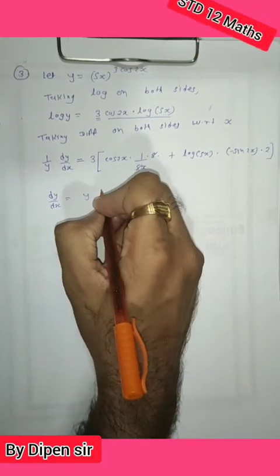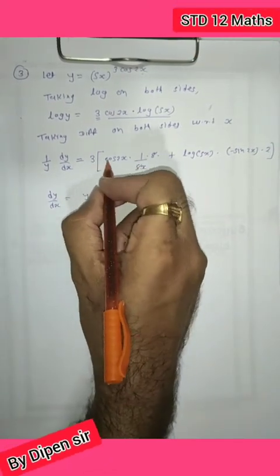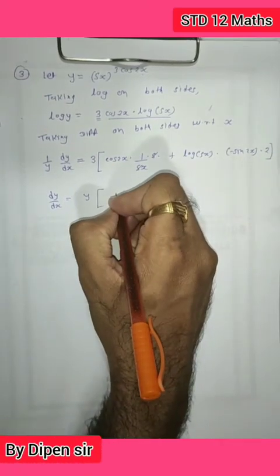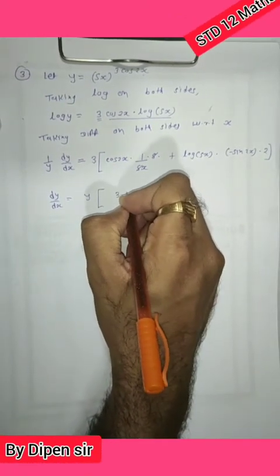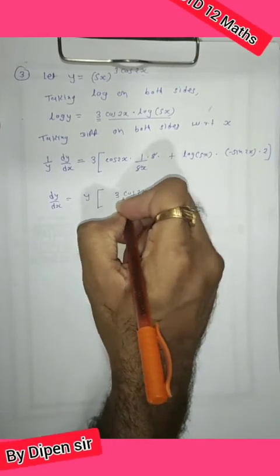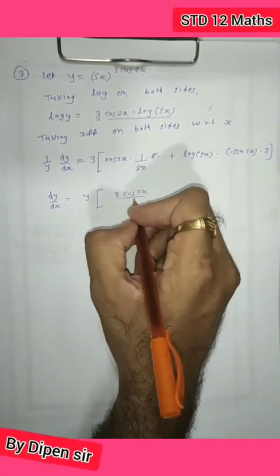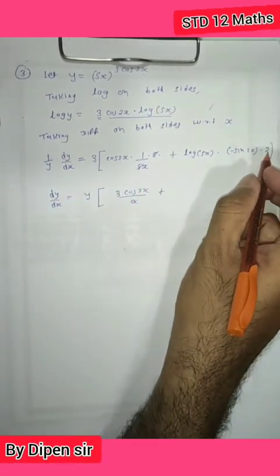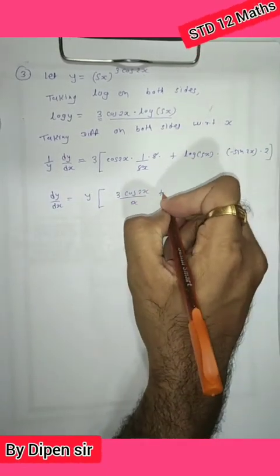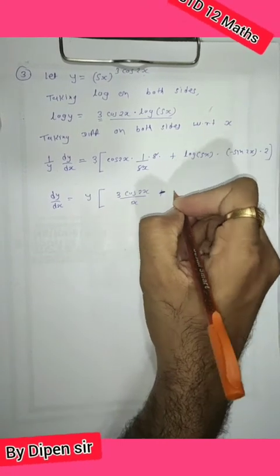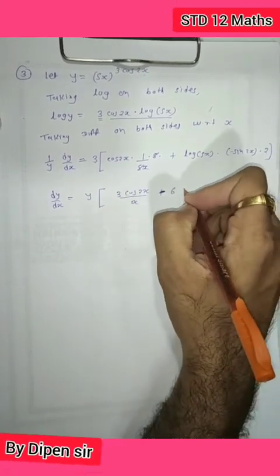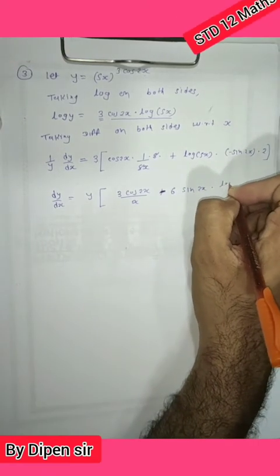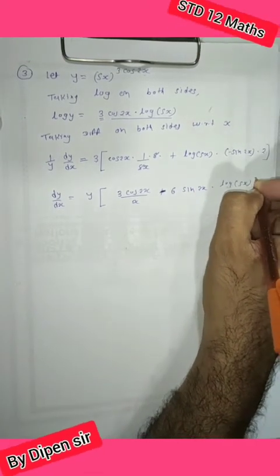So this will be 3 cos 2x divided by this x, plus this 3 will multiply with this 2, and this minus sign is there, so it's a minus sign minus 6 sin 2x into log of 5x.